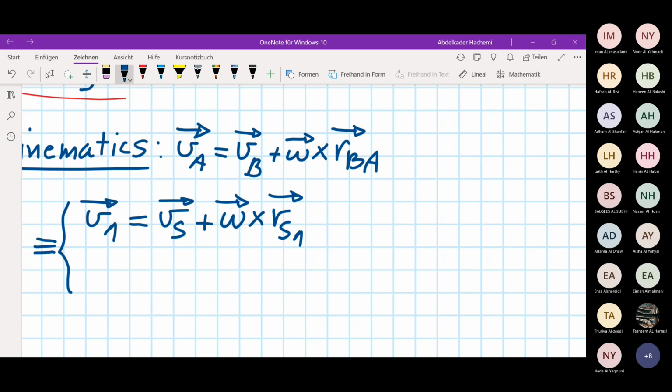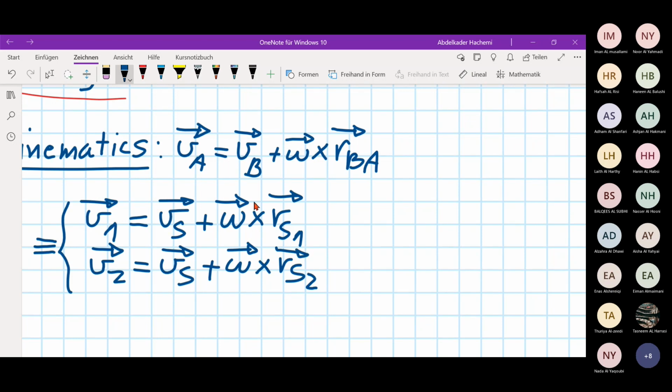Equivalently we have also V2, it's also Vs, the same equation, plus omega cross Rs2.